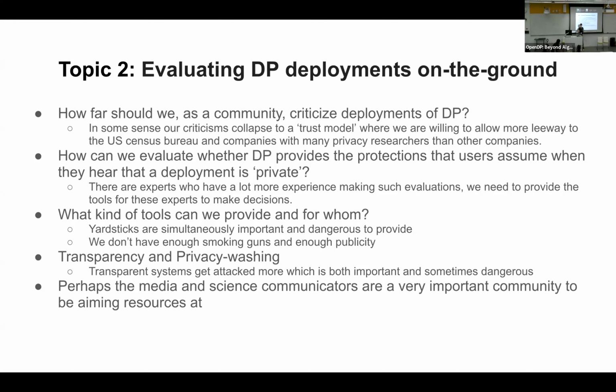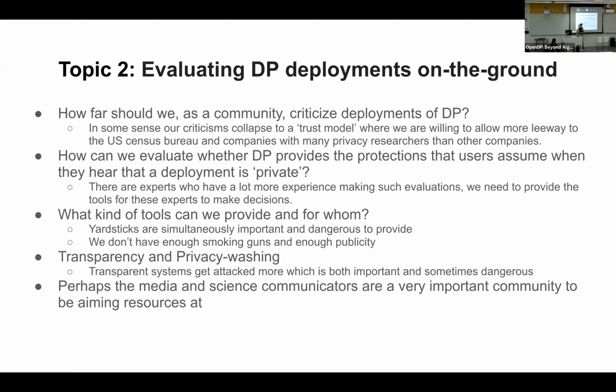On the topic of yardsticks and smoking guns, one of the points that I think is important, and I hadn't thought about before, is that perhaps we should be aiming more resources at science communicators. Perhaps we should be aiming more resources at the media, because we're talking about how we should communicate with lawyers, with policymakers, with engineers, or people making decisions at companies.